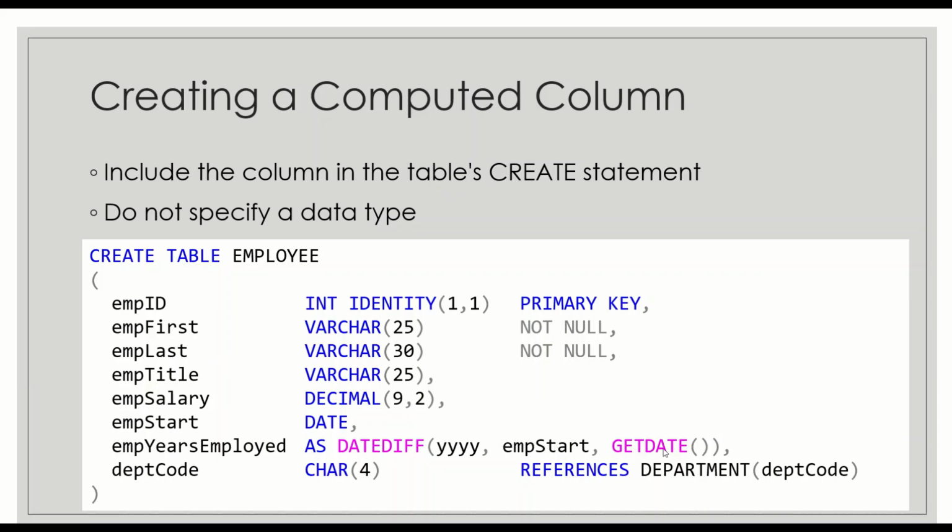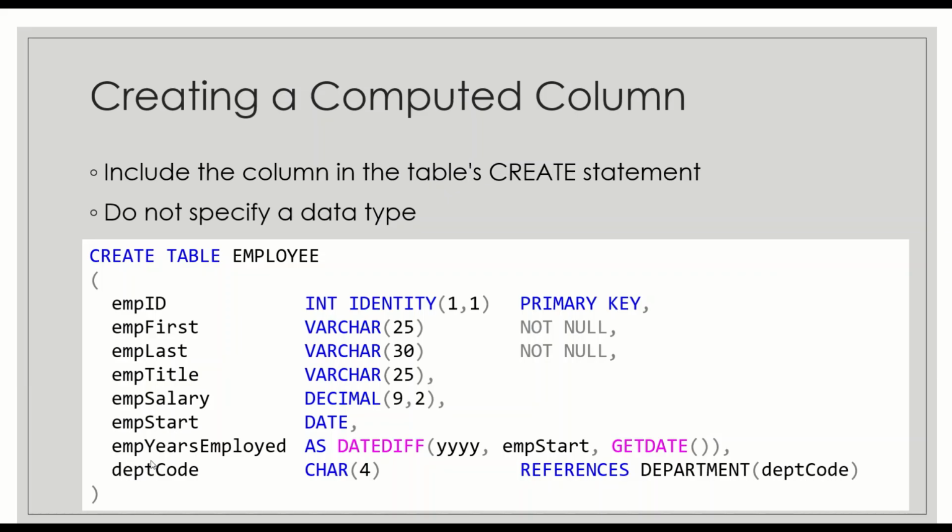Notice the call to the getDate function here to return the current values for date. Notice there's also no data type associated with this. We just have a comma and then we go on to define another field at the end.